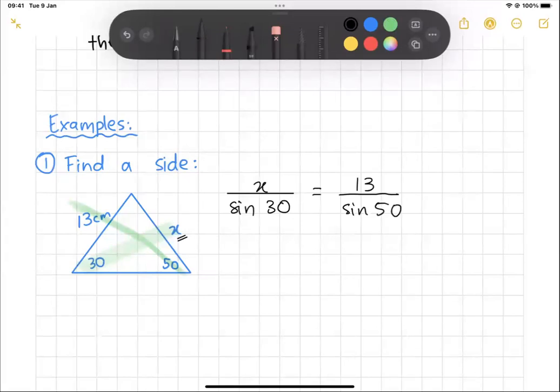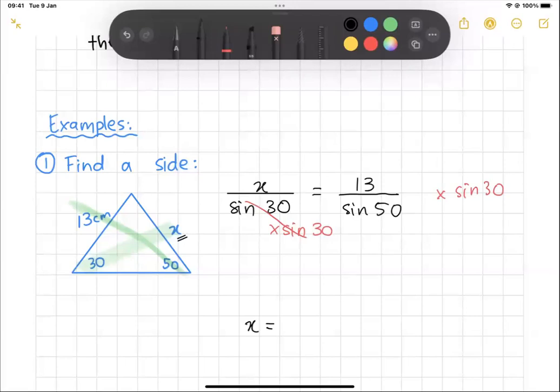My end goal is to have x equal to something, the side. How do I get from x over sine 30 to x equals? I need to get rid of sine 30, so I'm going to multiply both sides by it. These will cancel out.